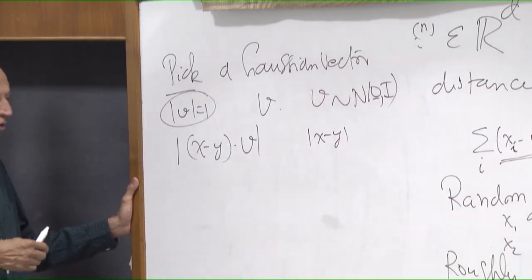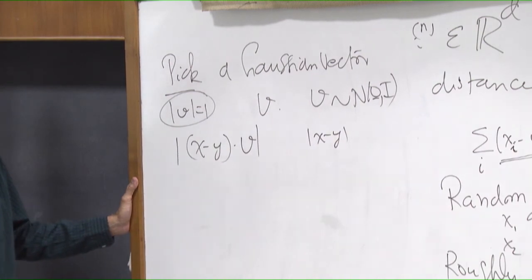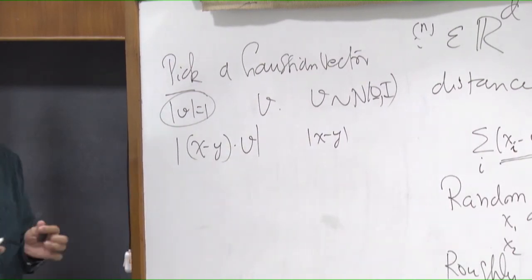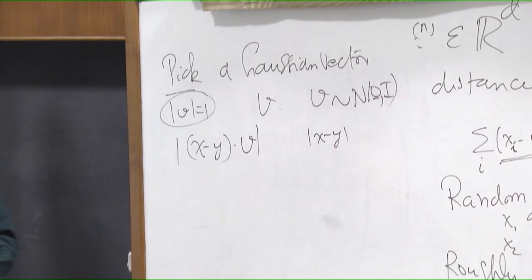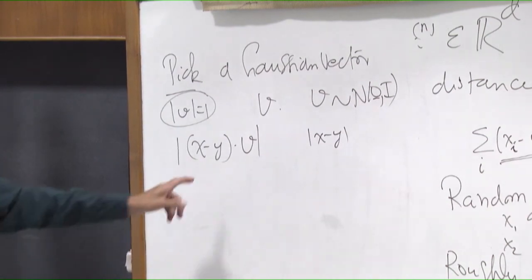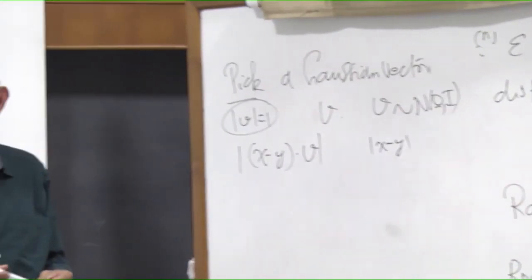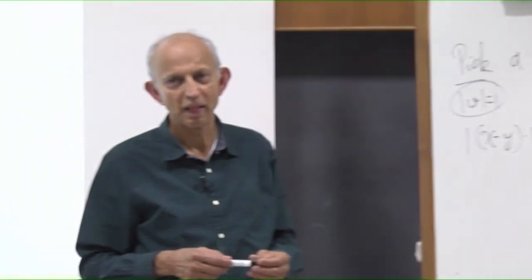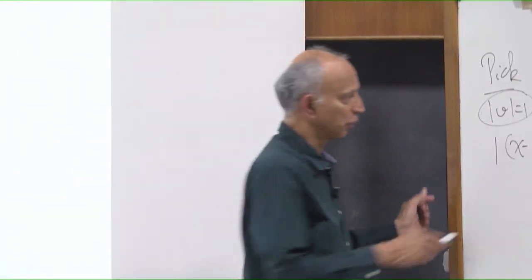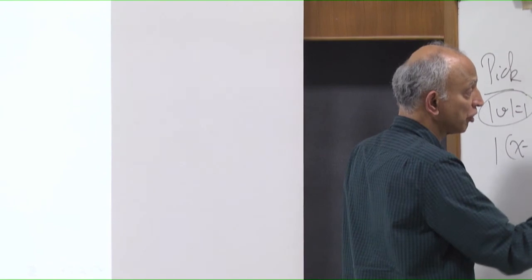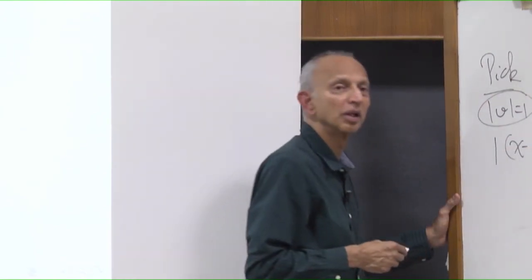Based on that kind of intuition, what would you expect? Same, 1 over root d, right? Because this is again just a random x1 axis.